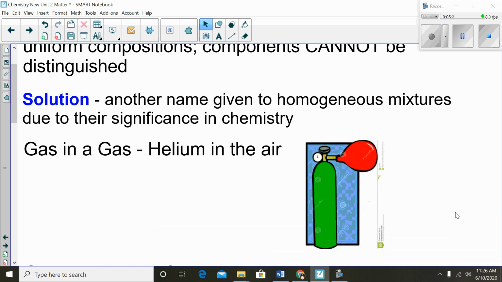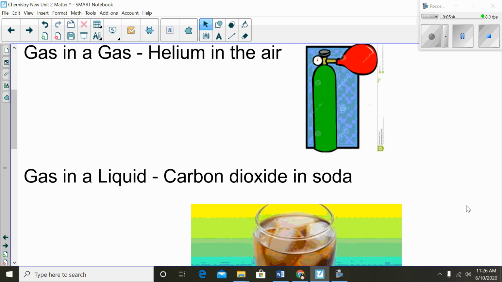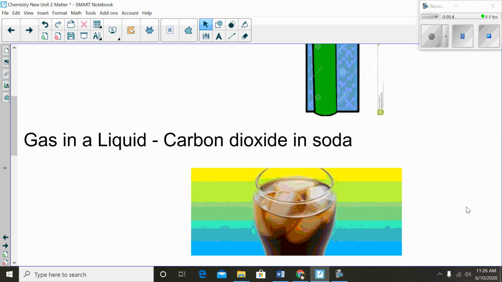So here are some examples. You can have gases that are combined and you can't tell the difference. So if there's helium in our atmosphere, you wouldn't know it. If there's helium in a tank, you know that that's just helium in the tank. But if it's just combined in our atmosphere in tiny amounts, you don't know it. You can have a gas and a liquid. So I know the obvious example is carbon dioxide and soda, but you have to be careful.